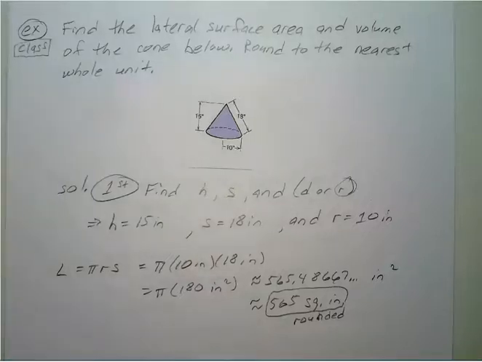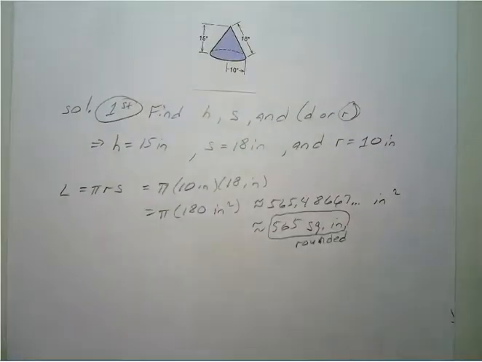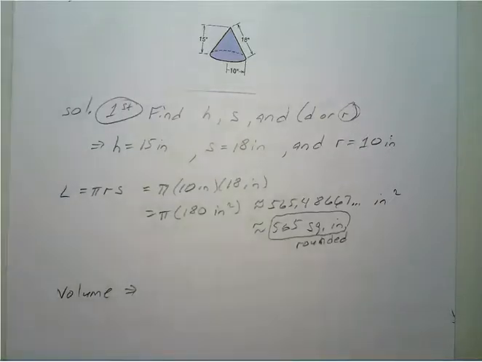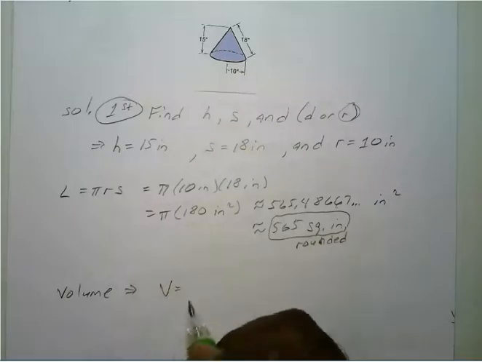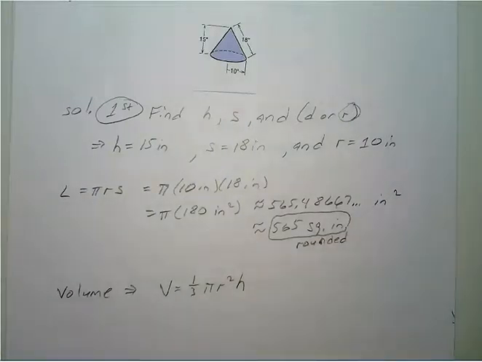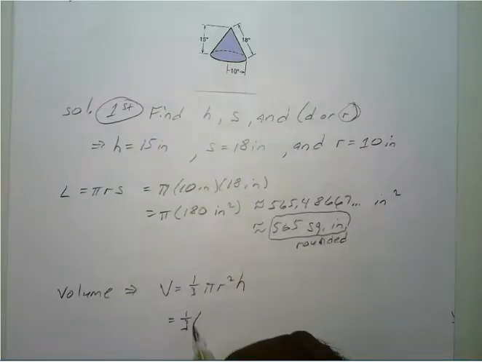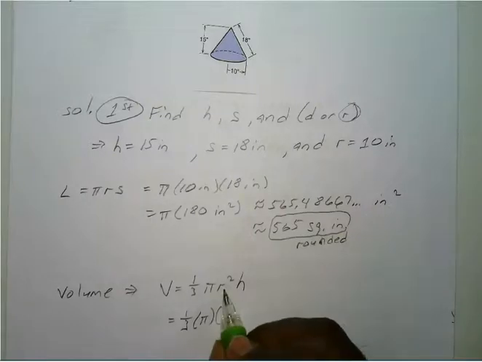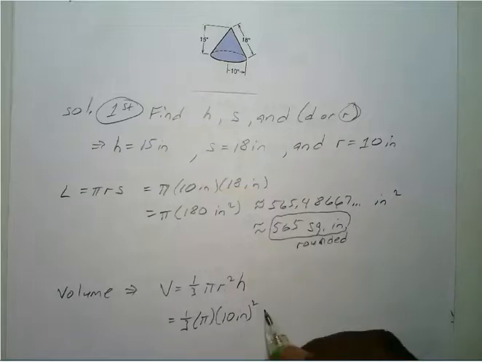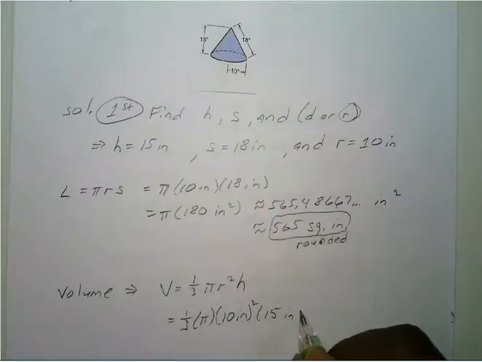Now we can look at the volume. Because we know the radius, we're going to use the radius volume formula, which is 1/3 pi times the radius squared times the altitude. That's going to equal 1/3 times pi times your radius squared, which is 10 inches squared, times your altitude, which is 15 inches.